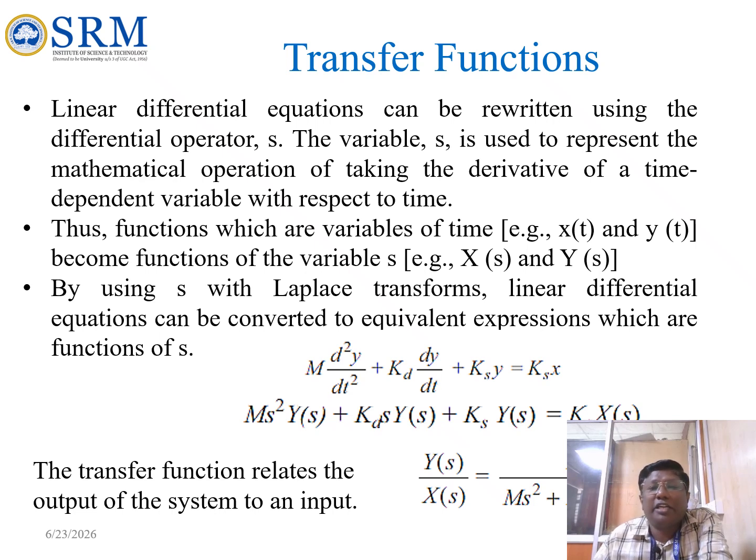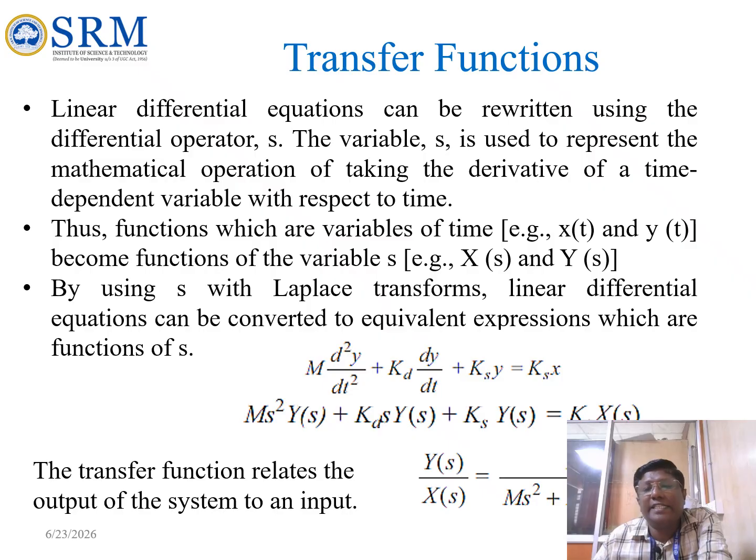Then taking the left hand side, now we are going to say what is called the transfer function. These notations, d square y by dt square, dy by dt and y, we are going to write in a transfer function with the s term, using the Laplace transformation.